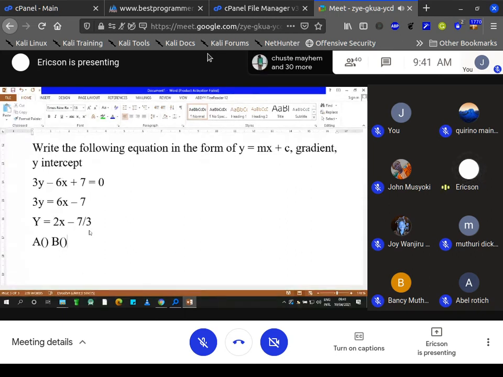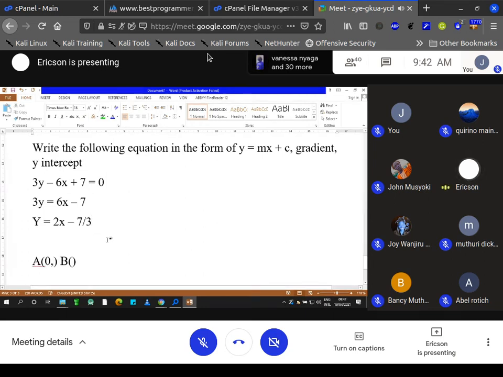You should have the coordinates of x and the coordinates of y. So if you choose a first point, the x coordinate is 0, and we find the corresponding value of y.